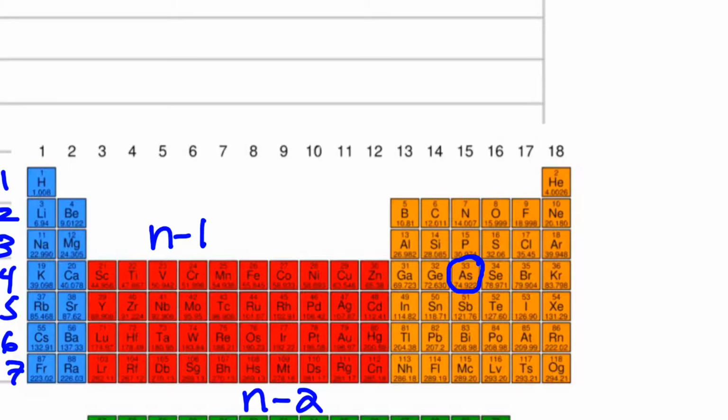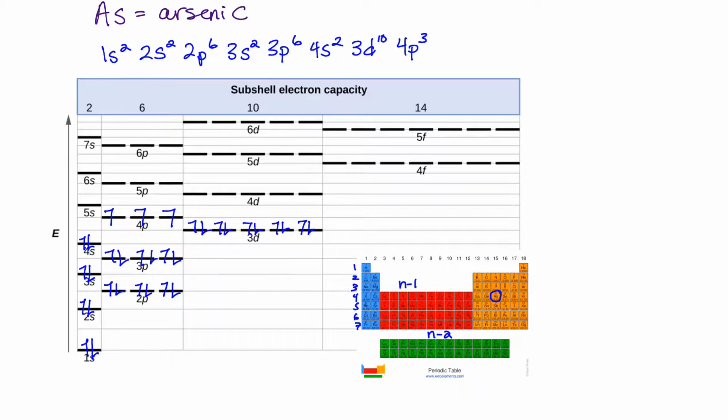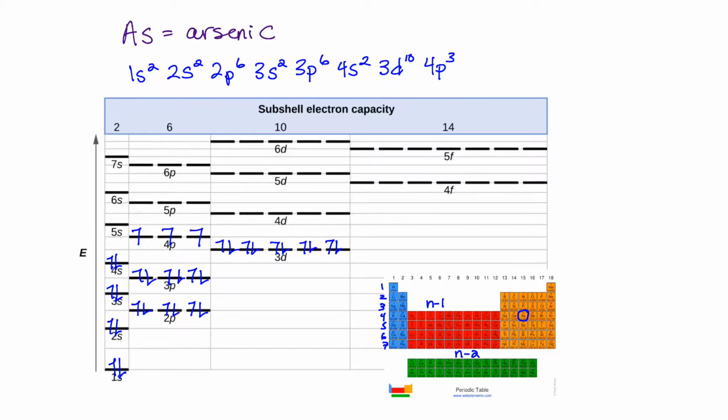So what we will do is write what we call a noble gas core abbreviation electron configuration. That's going to look like you put your noble gas that comes immediately before in brackets, and what that says is this just represents all of the electrons that go up to argon. And now I just have to worry about the ones that come after that.